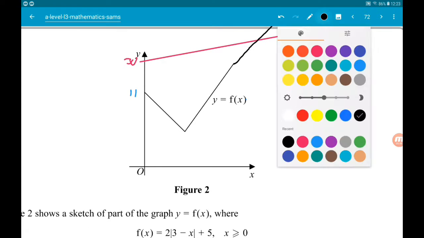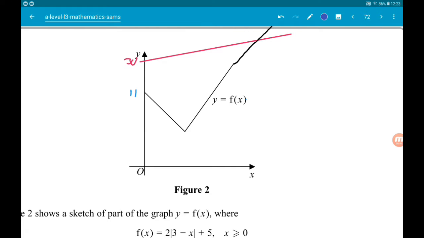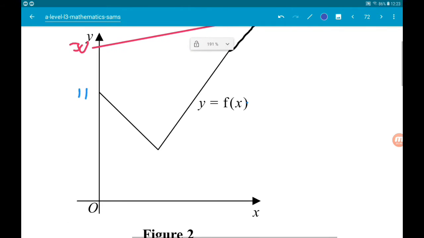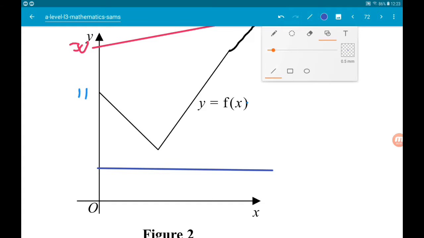So let's draw ourselves a horizontal line. Okay, so at the moment, if this line was right there, the line does not intersect the graph above, so this would be invalid.